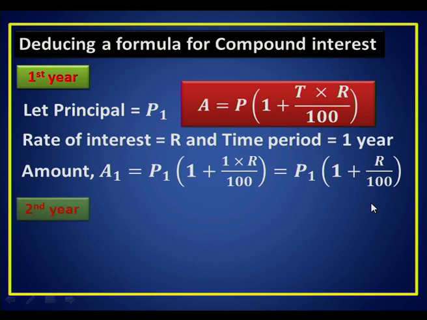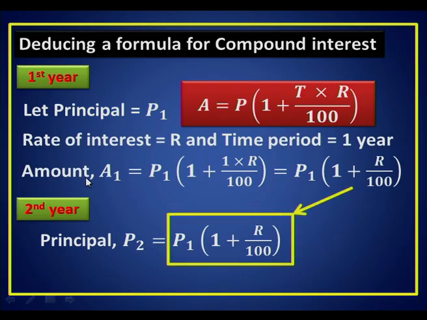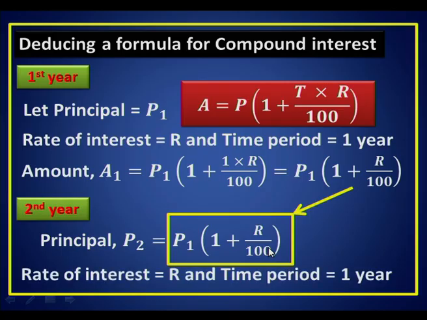Now, let us calculate for the second year also. In the second year, I am assuming the principal as P2. Now, here if you notice, A1, that is the amount calculated at the end of the first year, becomes the principal here. So, P1 into 1 plus R by 100 is going to be the principal for the second year, whereas the rate of interest and the time period remain the same.